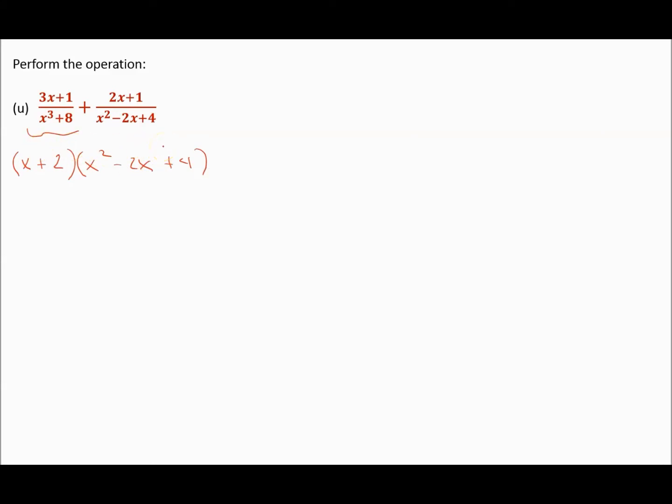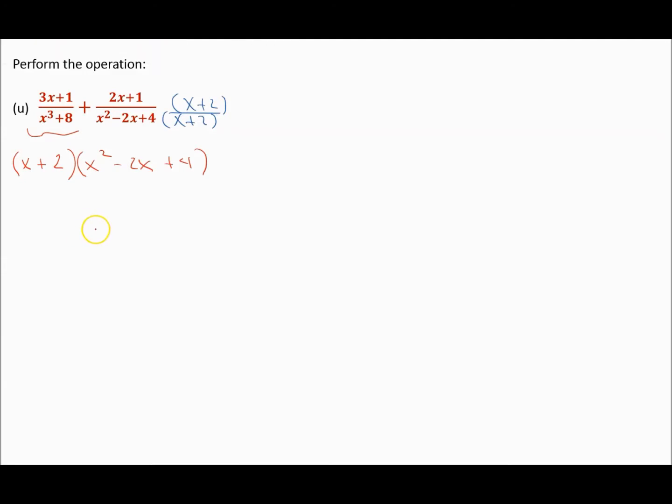On the other hand, the second denominator, what multiplies to be 4 and adds to be negative 2, does not factor. But look, these share a common factor. The second fraction is only missing the x plus 2. So what I can do is multiply the denominator, and then in turn the numerator also has to be multiplied by x plus 2, and now we'll have a common denominator.